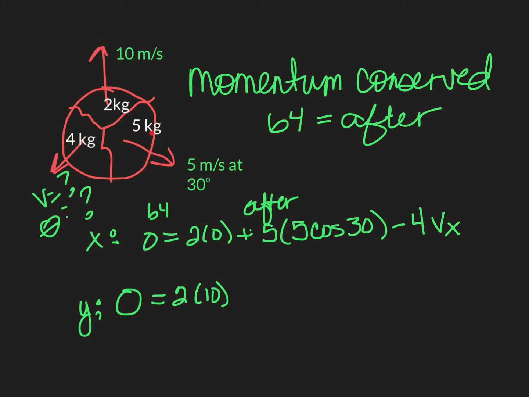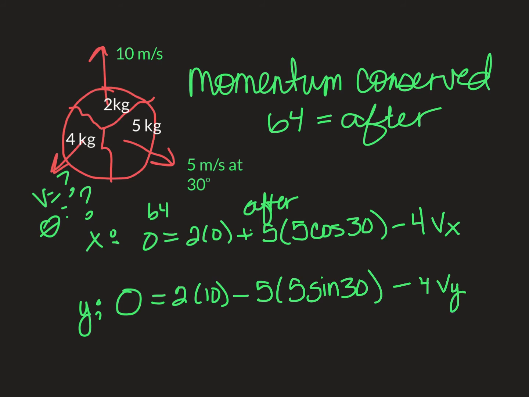So they're in opposite directions, opposite signs. So instead of adding, just like we did before, we're going to subtract that. So the 5 kilogram piece is going 5 meters per second, but we need the Y component, so we're going to go sine 30, minus, because in the Y direction the 4 is going down still, 4Vy.